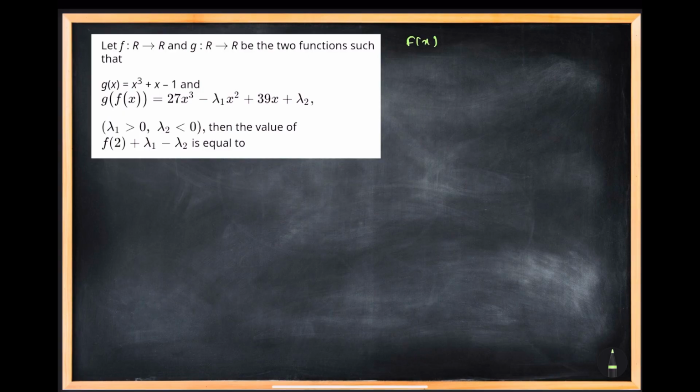Suppose that f of x is a 2-degree polynomial, and suppose that g of x is also a 2-degree polynomial. Okay, so if you find f of g of x, you will have a 4-degree polynomial, because in place of x in f of x you will be writing g of x.